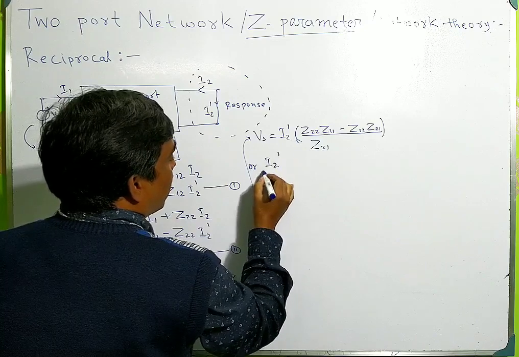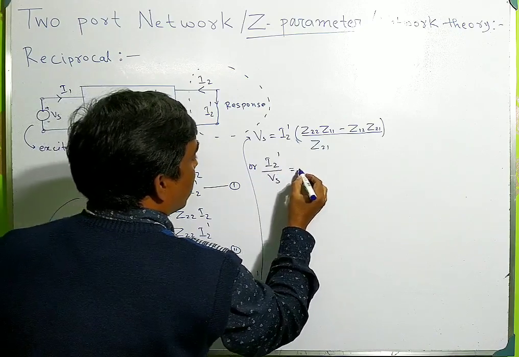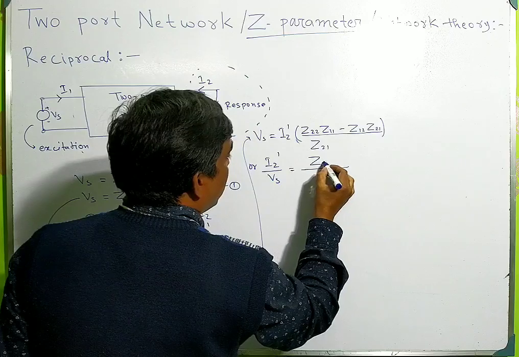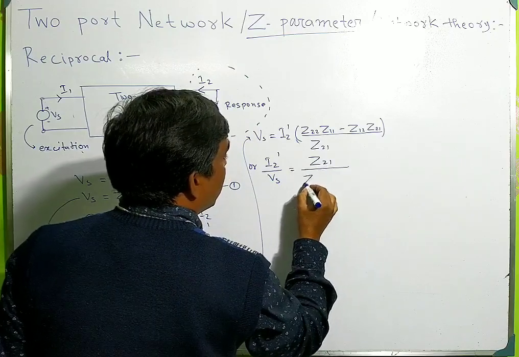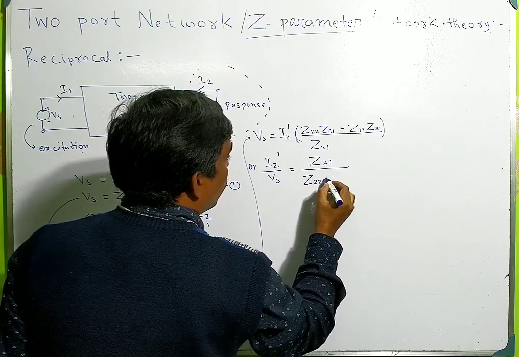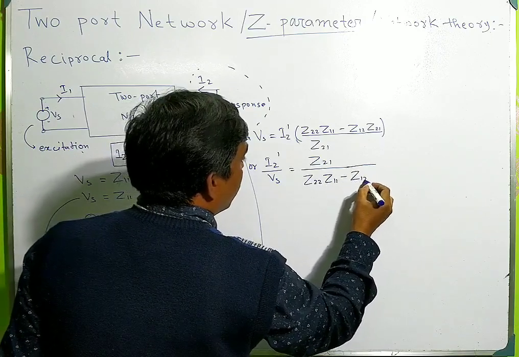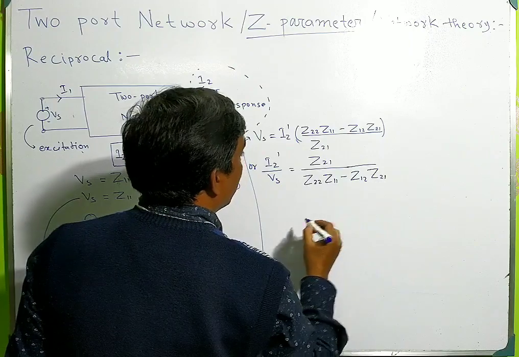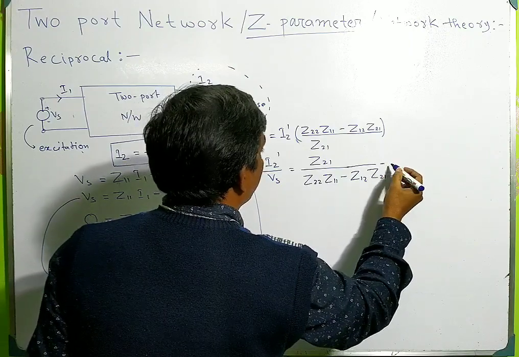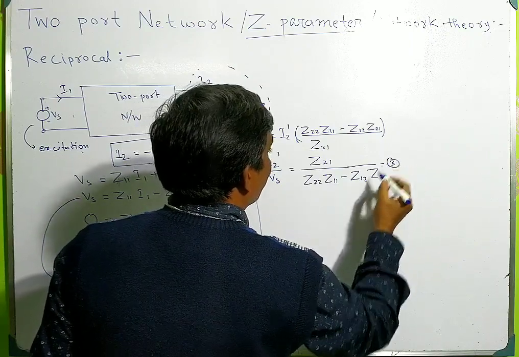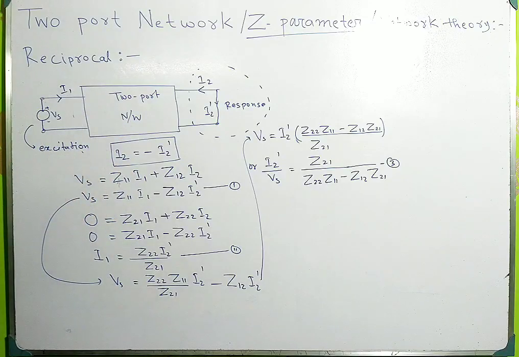Now from this equation we get I2 dash divided by Vs equals Z21 divided by (Z22 Z11 minus Z12 Z21). This is equation 3.